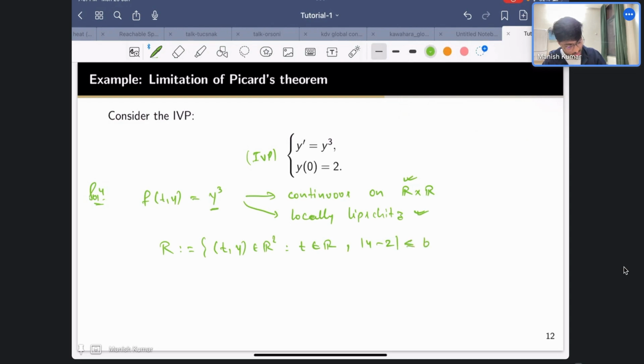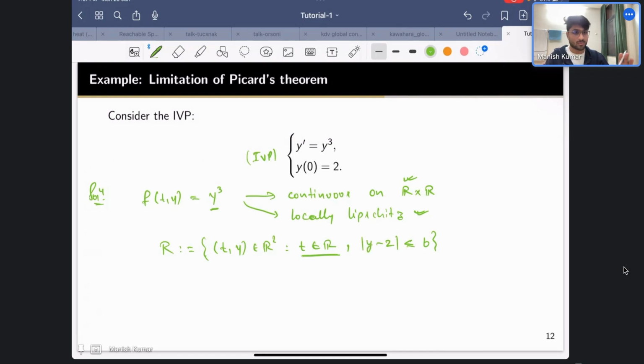Here a is infinity at this point, because f is continuous everywhere, so we can consider the whole domain of t. But for y we have to restrict, and the reason for restriction is that this function is not globally Lipschitz, it is locally Lipschitz.